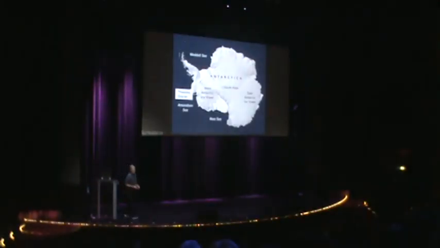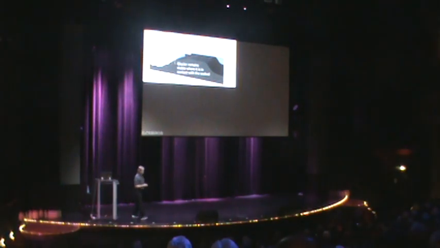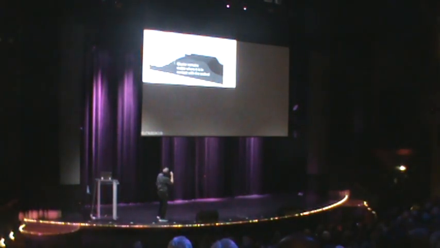Another bit of research has been done recently by a multinational collaborative of scientists at the Thwaites Glacier, which is over here. This is a glacier where they suddenly realized it was moving a lot faster than it was, and so they looked into why it was moving so fast. Normally you get this big, thick ice shelf that comes down from the Antarctic continent, and it hits the sea floor, and that slows it all down, and then gradually the ice floats out here, and then it breaks up and goes off to sea.